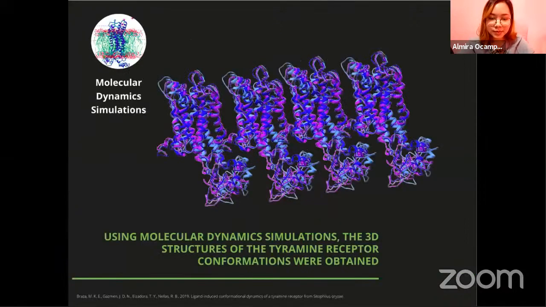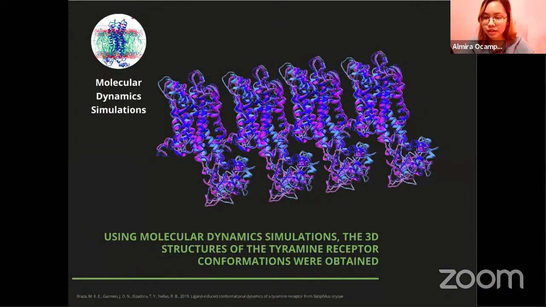So after we obtained our model, we subjected it to molecular dynamic simulations, just like what Jokent did a while ago. This is because a protein through time changes its conformation, meaning it changes its pose through time. So it is important that we consider that our tyramine receptor doesn't only have one conformation in a real system setting.